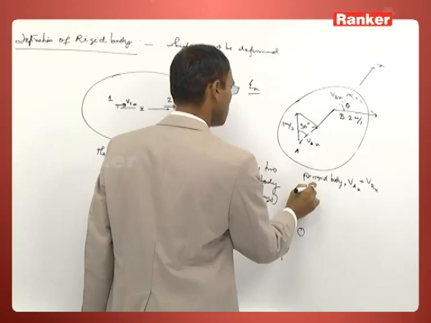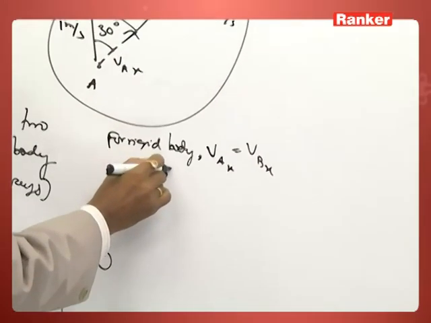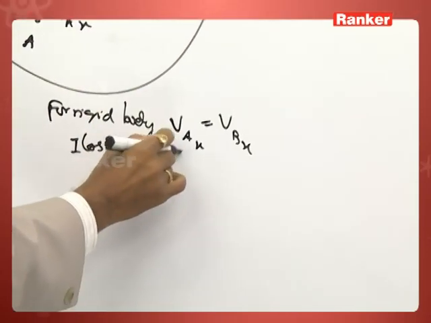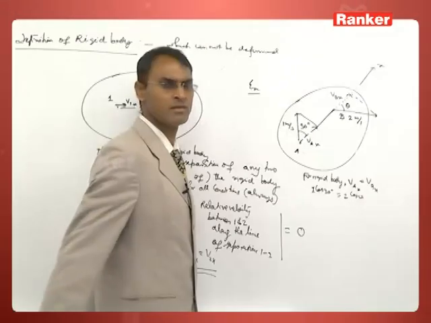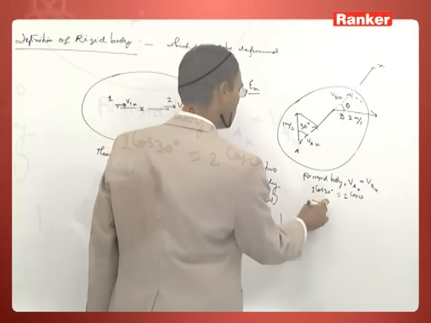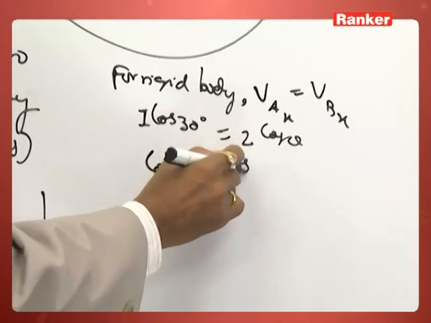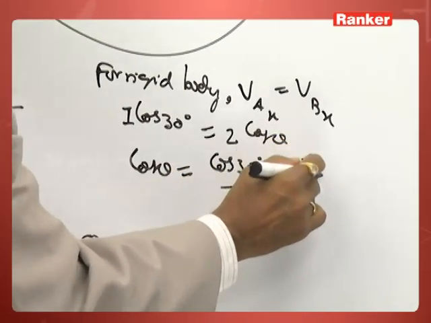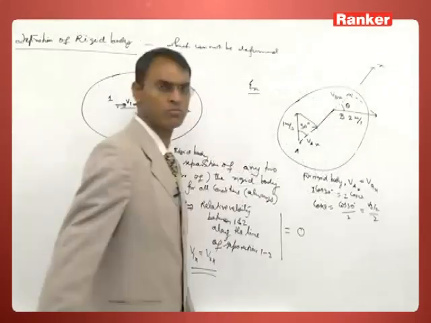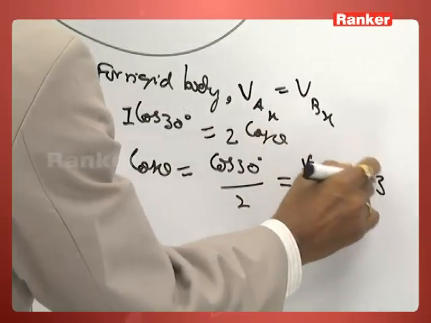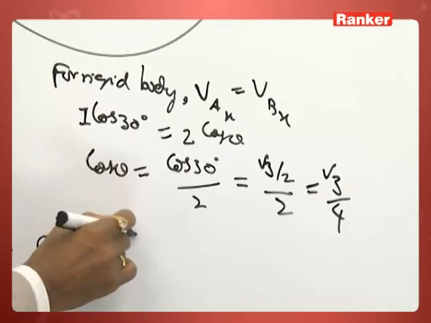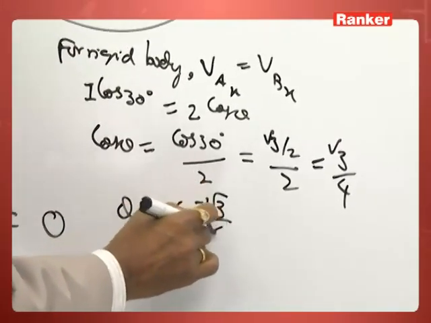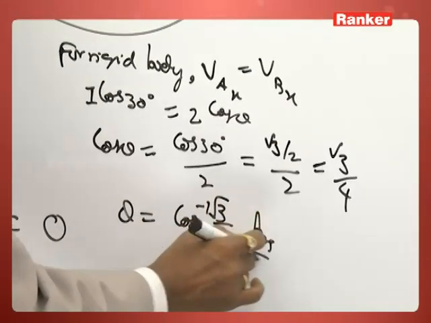Vax is how much? 1 cos 30 degrees. Vbx is how much? 2 cos theta. Now cos theta is equal to cos 30 degrees by 2. But cos 30 equals sin 60, that's root 3 by 2, by 2. So root 3 by 4. So theta is equal to cos inverse root 3 by 4. Answer.